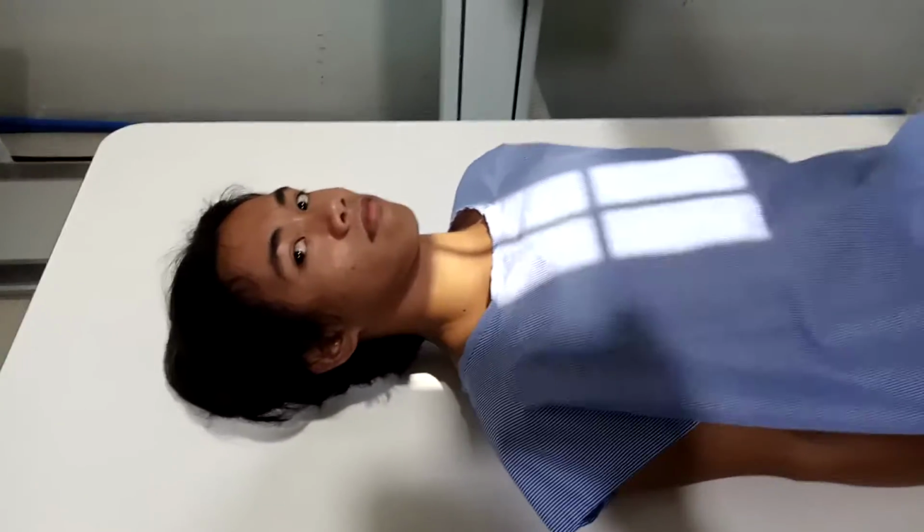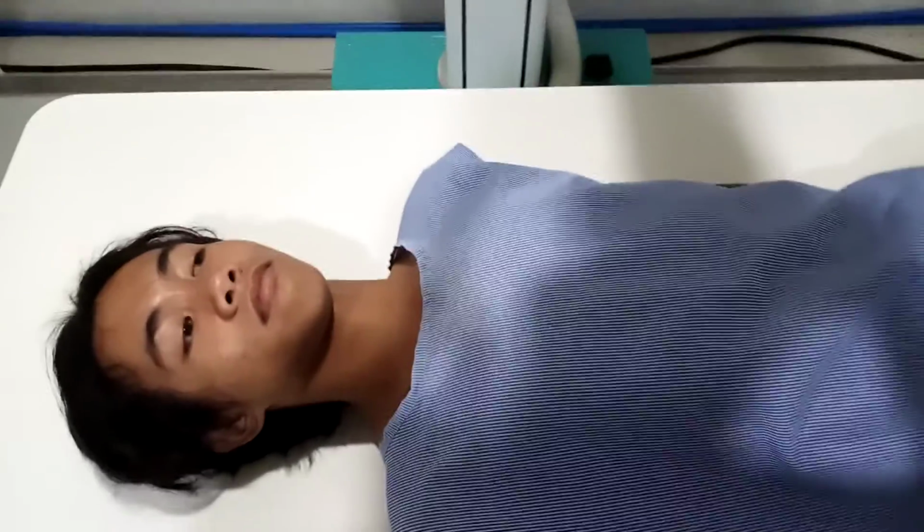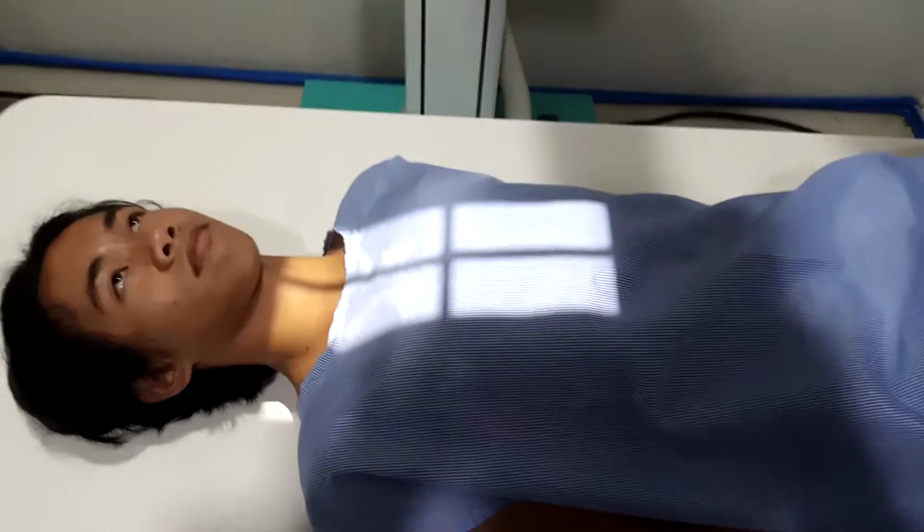Then in collimation, adjust to 7 by 17 inches or 18 by 43 centimeters, then place side of the marker in the collimated exposure field.